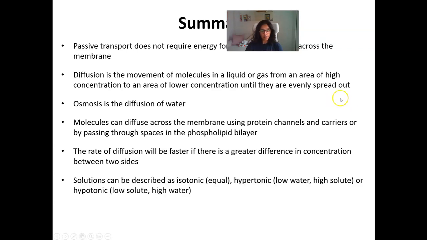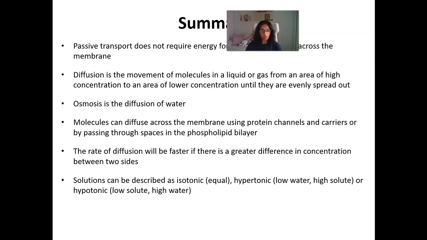Solutions that have substances dissolved in them, solutes dissolved in them, can be described as isotonic, and this means that the solution and the cell have equal water and solute concentration. They can be described as hypertonic, which means that they have a lower water concentration and a higher solute concentration than the cell.